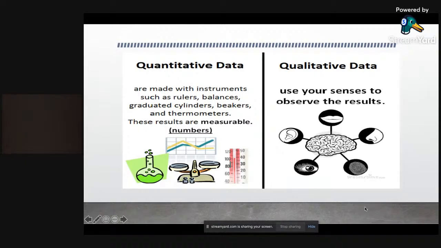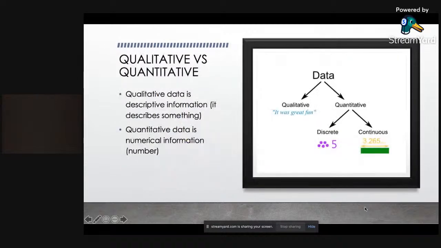So, if you can relate, or maybe you can understand by this, the only difference between quantitative and qualitative is that quantitative is measurable, so it can be a number, any kind of number. It can be any unit, like temperature in degrees Celsius, milliliters, and everything that involves numbers.